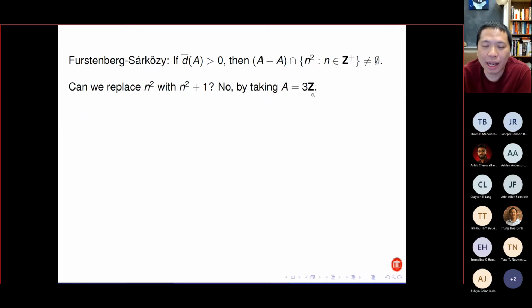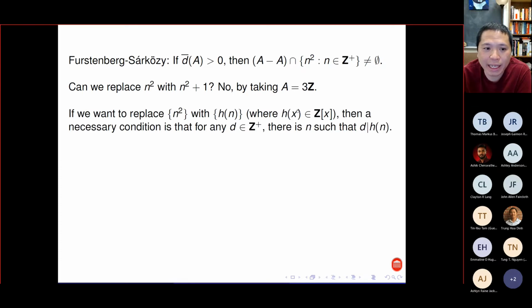So if you want to eliminate counterexamples like P(z) or d times z, a necessary condition is that for any positive integer d, there exists an n such that d divides h of n.